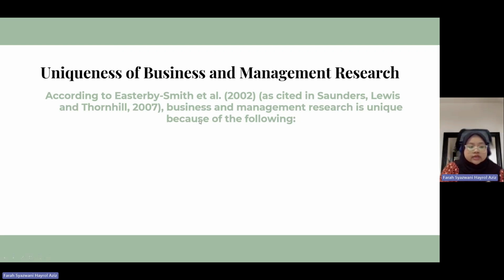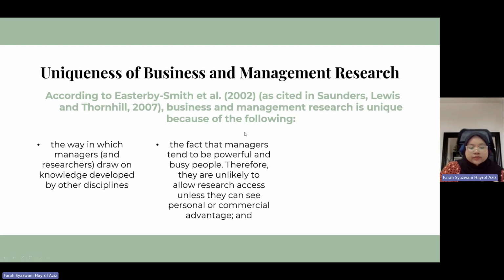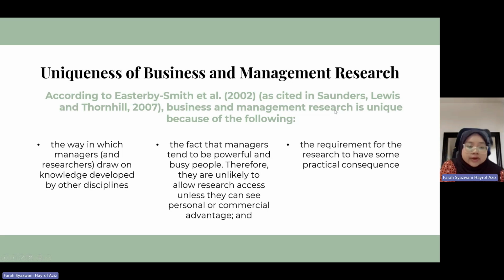Reason number one is the way in which managers and researchers draw on knowledge developed by other disciplines. The second is that managers tend to be powerful and busy people, so they are unlikely to allow research access unless they can see personal and commercial advantage. And the third reason is the requirement for the research to have some practical consequences.